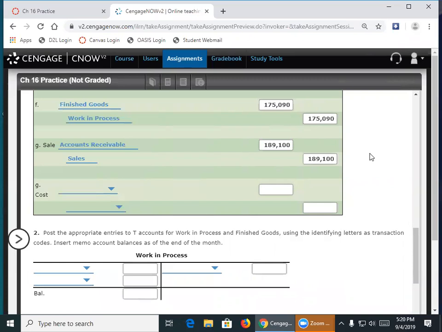Those sold would get debited. We don't really need this table anymore. Cost of goods sold is an expense account.